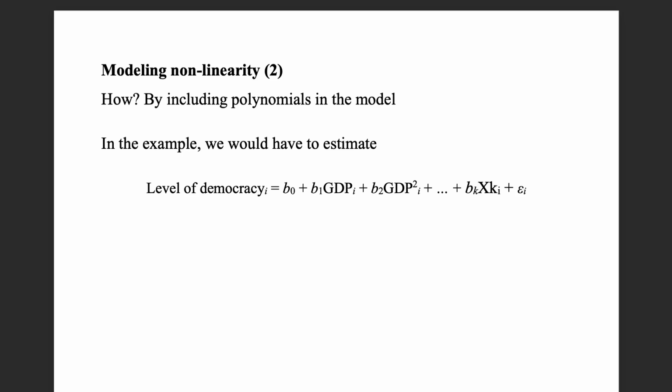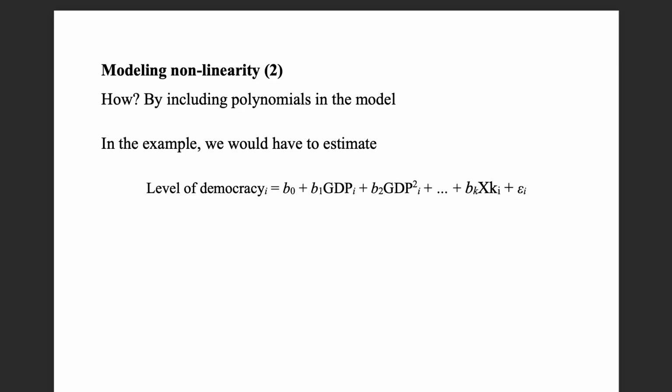So what we have here is we have included a polynomial for the GDP variable. Basically, if we actually wanted to estimate this model, let's assume level of democracy and GDP are already variables in the data set. Then we would have created a new variable, GDP squared, where for the values of that new variable we would just have taken the values of GDP to the power of 2.